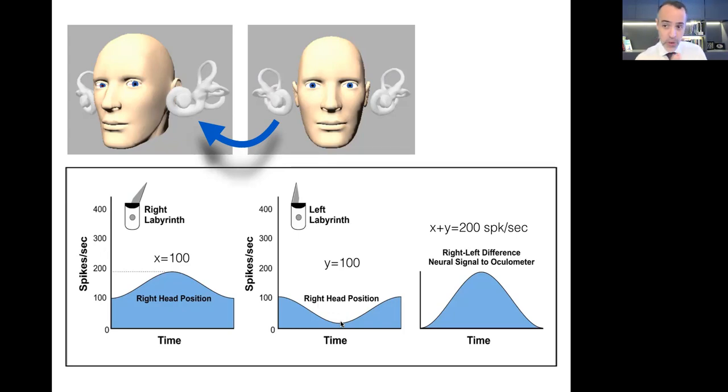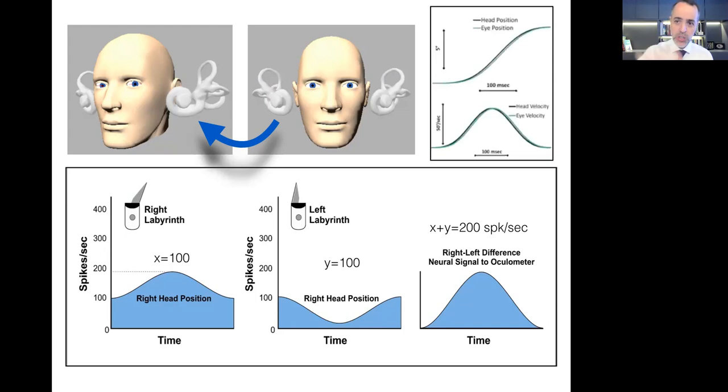So the information that comes to my VOR is the sum of the increased and decreased activity. This is a positional graph, and this is a velocity graph. Black is head velocity, green is eye velocity. I moved the head to the right, but the eyes went to the left at the same velocity, in a normal patient, and the position is the same too. So everything is okay here in a normal patient.